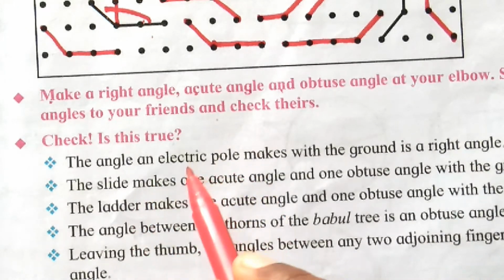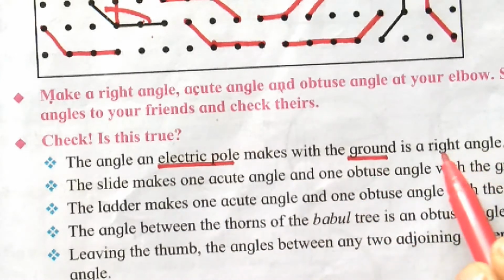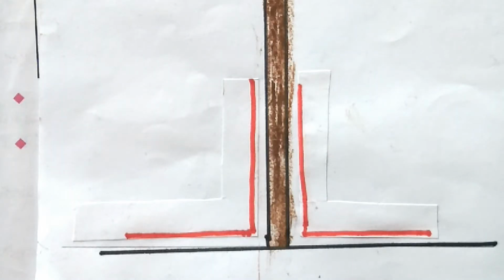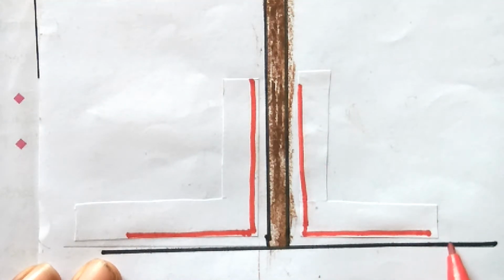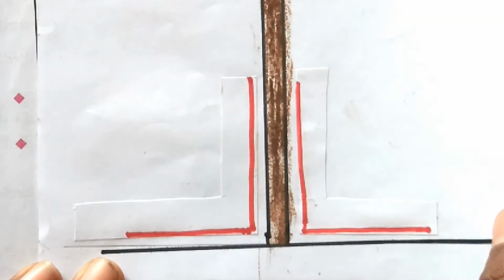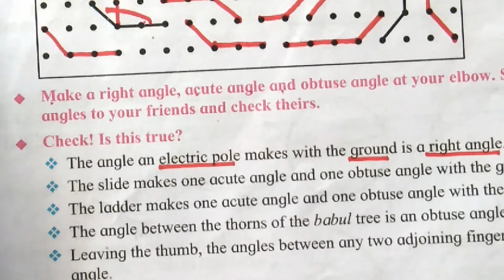See what is given? Electric pole makes a right angle with the ground. See, this one is the electric pole and with the ground it makes a right angle. So this sentence is true. Here, true.